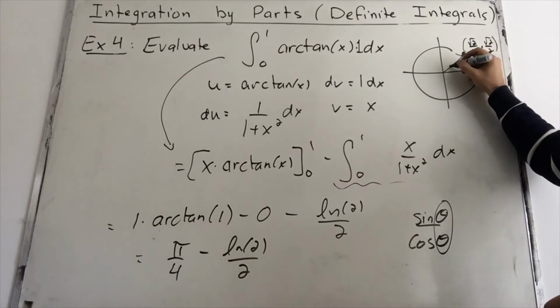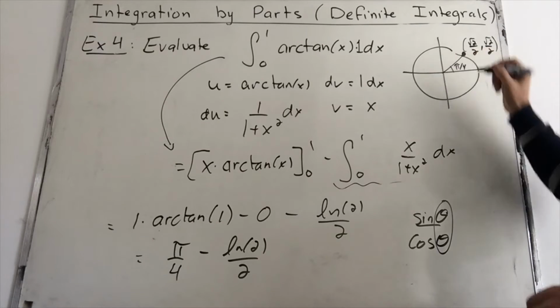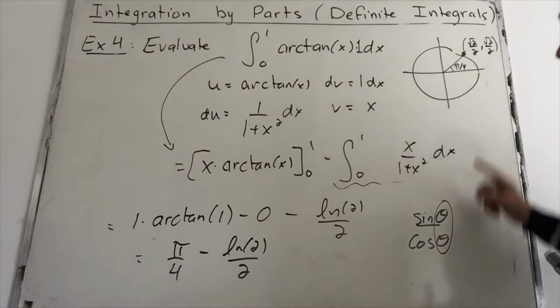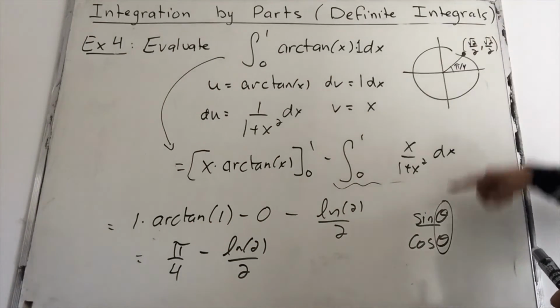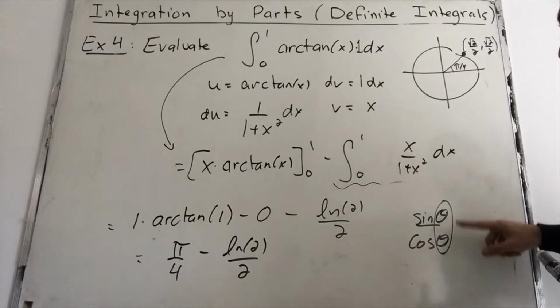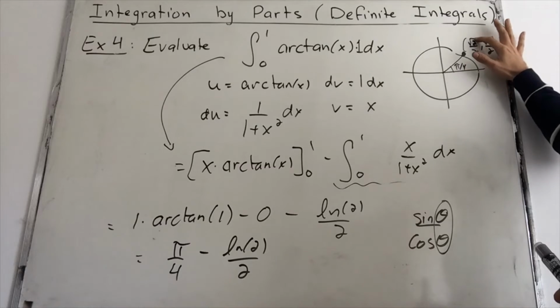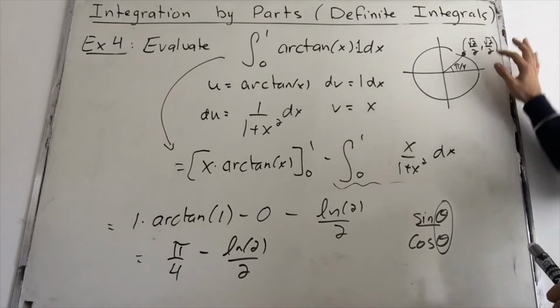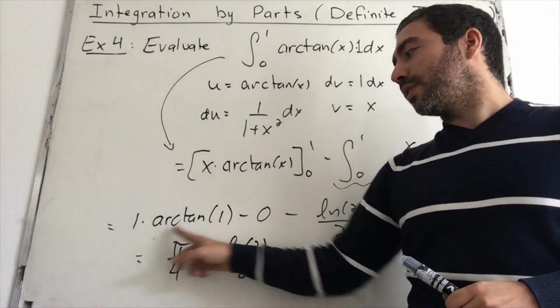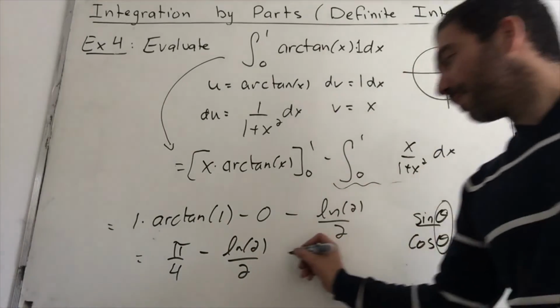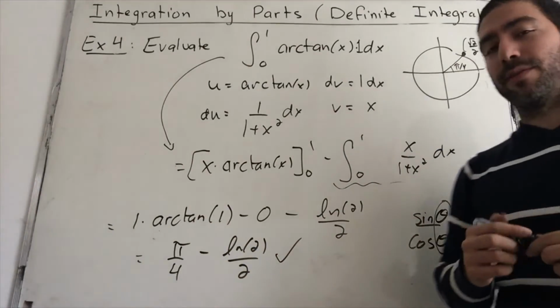And at what angle does this occur? Well, this occurs at pi over 4. Okay. So arctan of 1 is pi over 4 because sine of some angle divided by cos of some angle, specifically the angle pi over 4, root 2 over 2 divided by root 2 over 2 gives us 1. So this arctan of 1 is simply pi over 4. Okay, and this is our final answer.